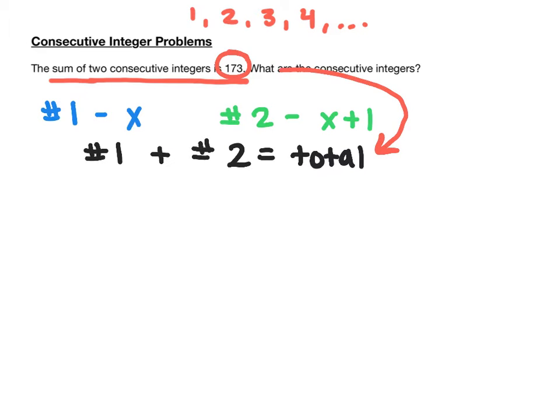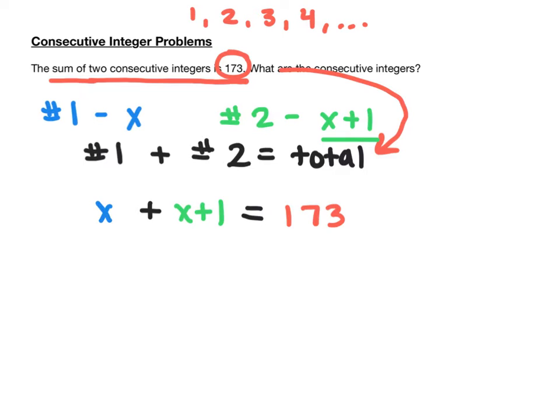So we could say that the first number is x plus the second number, which is x plus 1, should equal our total of 173.